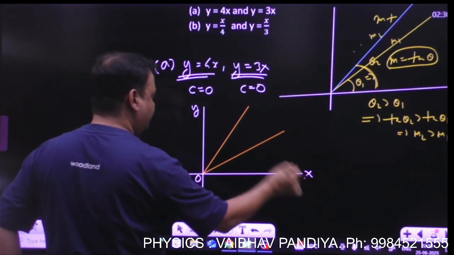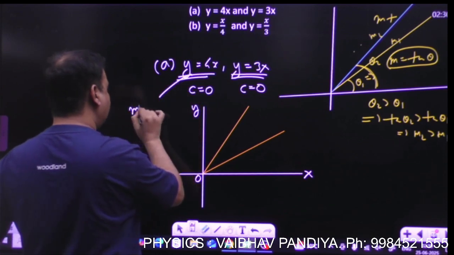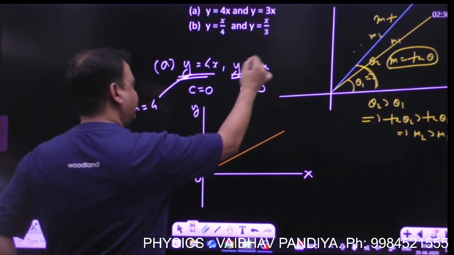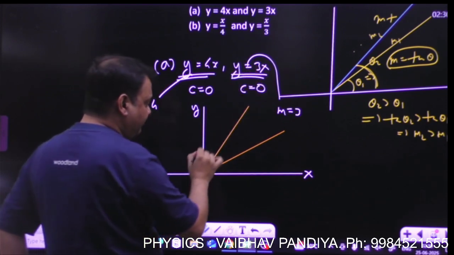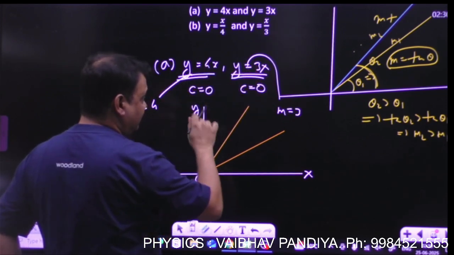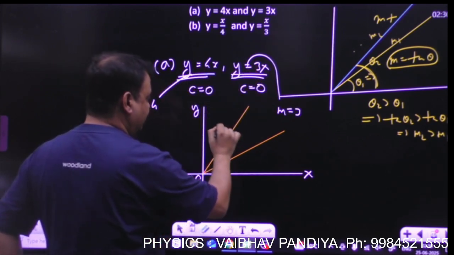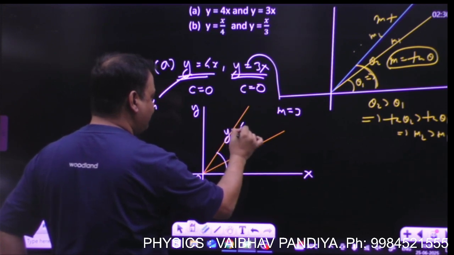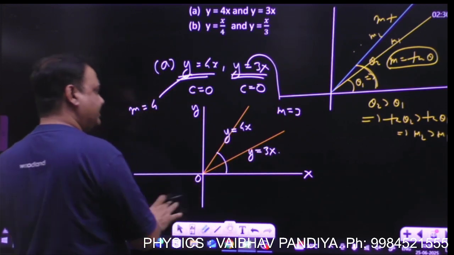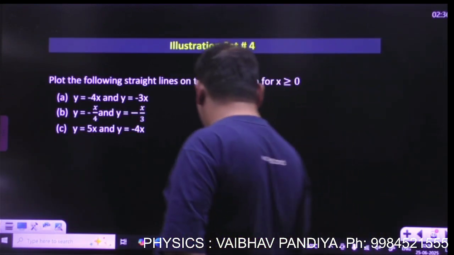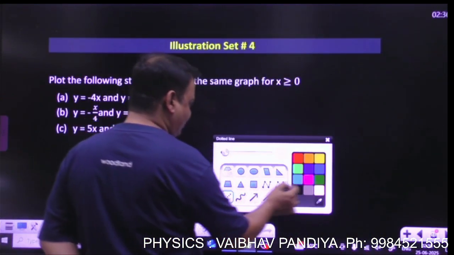Here m is 4, here m is 3, m being the coefficient of x. So the one with the greater value of m will have a greater inclination. So this is the graph of y is equal to 4x and this is the graph of y is equal to 3x. Got it?